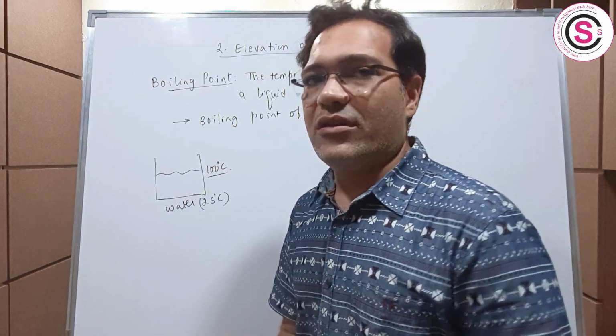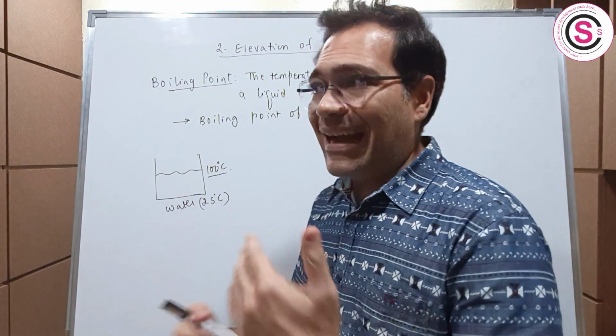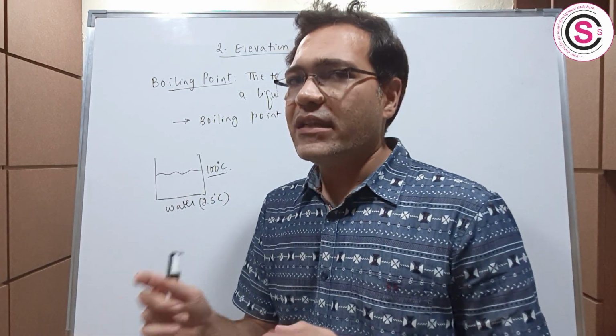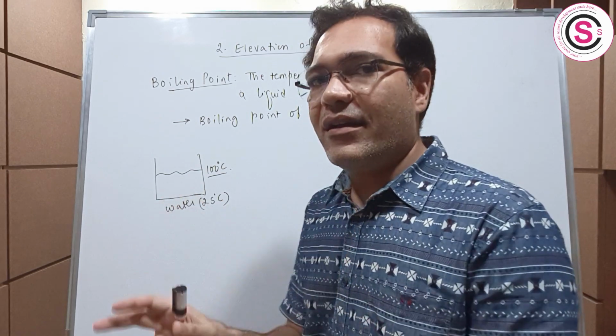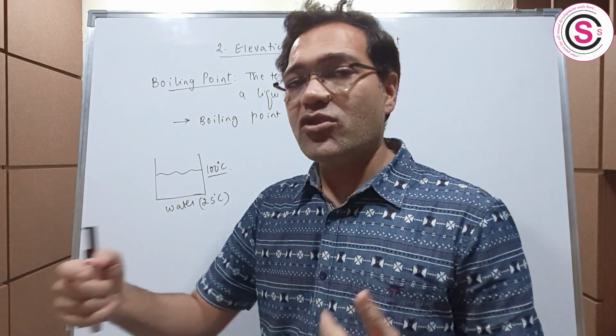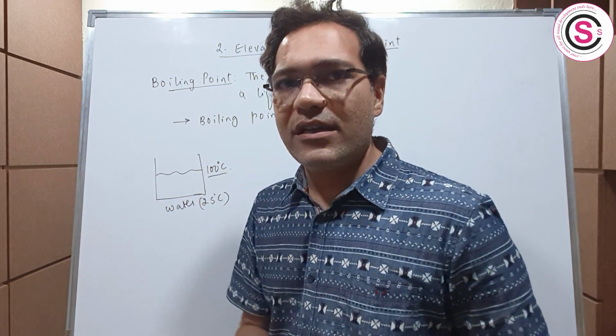So now the question arises: what exactly happens at 100 degrees Celsius that water starts boiling? There should be something happening at 100 degrees Celsius which is not occurring at all other temperatures, because of which the water only boils at 100 degrees Celsius.